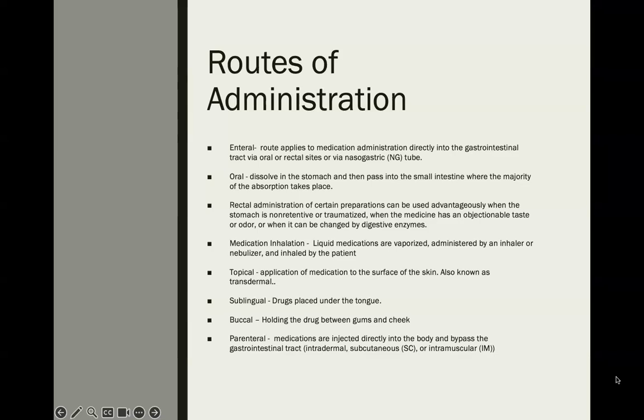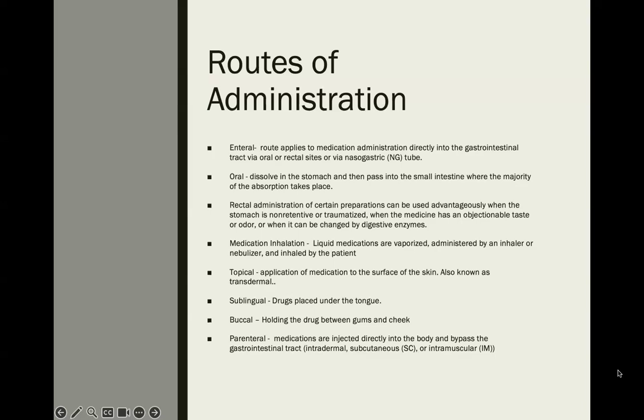So enteral route applies to medication administered directly into the gastrointestinal tract via oral or rectal sites or via a nasogastric tube. Oral route is when a pill or medication dissolves in the stomach and then passes into the small intestines where the majority of the absorption takes place. So we take something by mouth, that's what happens.